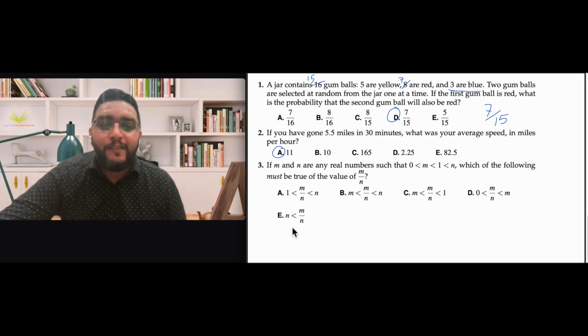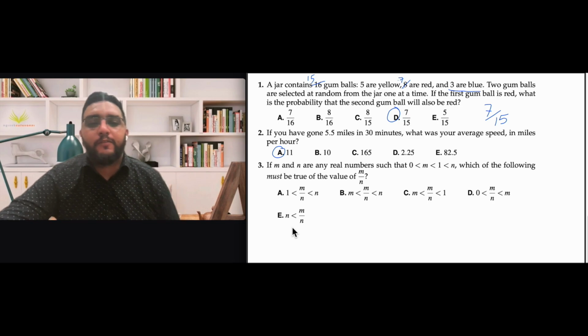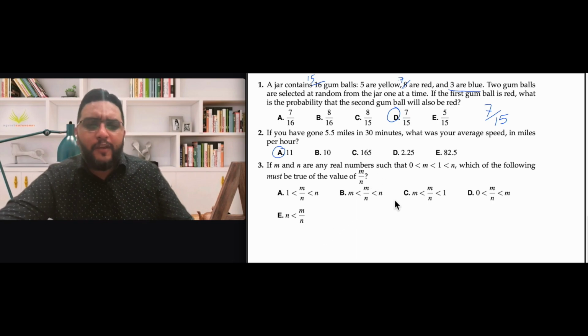If m and n are any real numbers such that m lies between 0 and 1, and 1 lies between m and n, which of the following must be true for the value of m over n? Suppose that m is any number lying between 0 and 1, like 0.5, and n is greater than 1, for example, n equals 7.